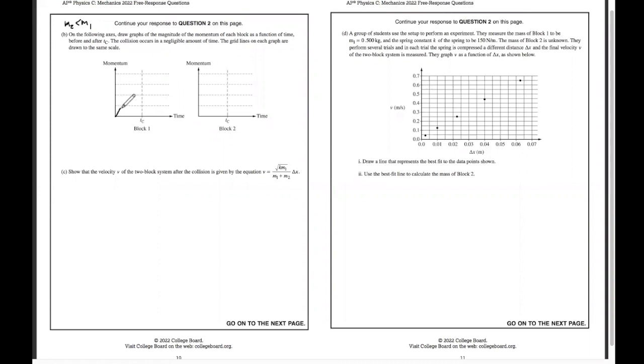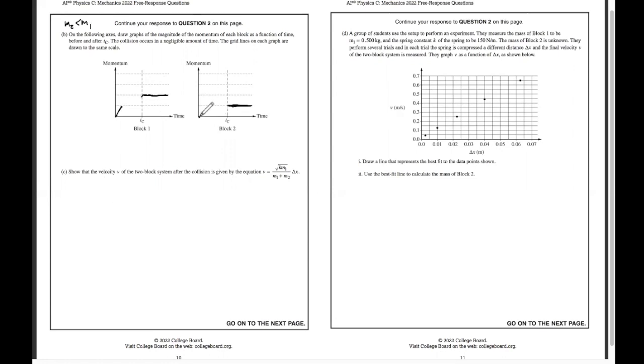After the collision, it's pretty obvious that you're going to have some constant momentum for block 1 and for block 2. Now, block 1, being more massive than block 2, is only going to lose a little bit of momentum as opposed to losing a lot.